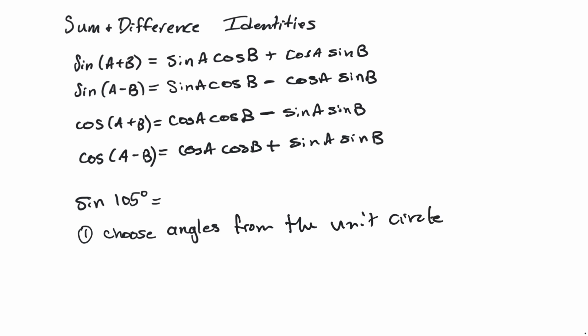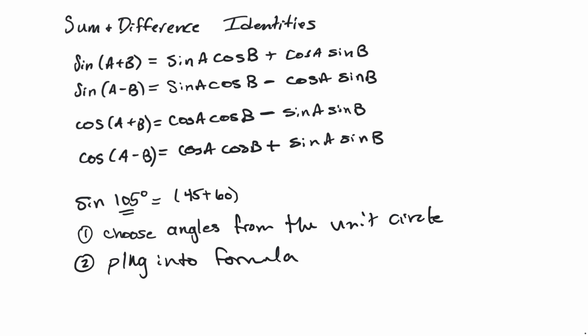Now I can add them or I can subtract them. It does not matter, but we have to choose angles from the circle that combine to give you whatever the angle is here, right? And so in step two, we're going to basically plug it in to my formula. In this example, I think I'm going to use, let's say, 45 plus 60.